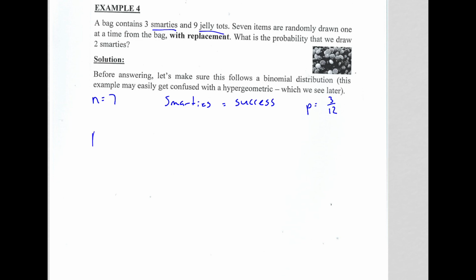So the probability that x equals 2 is equal to, there are 7 trials, and we want 2 of them, so 7 choose 2, times the success probability, which is 3/12, to the power of 2 because we were looking at the success of drawing 2 Smarties, times the probability of drawing a Jelly Tot, which is now 9 over 12. Remember, the probabilities must add up to 1. So 9 over 12 is 1 minus 3/12.